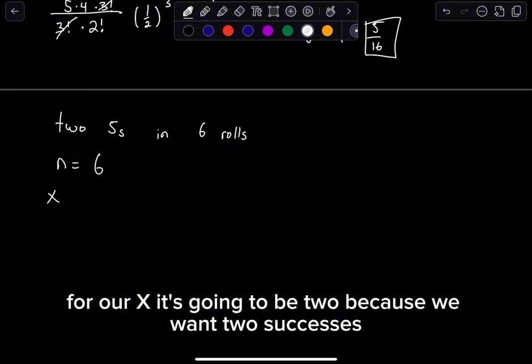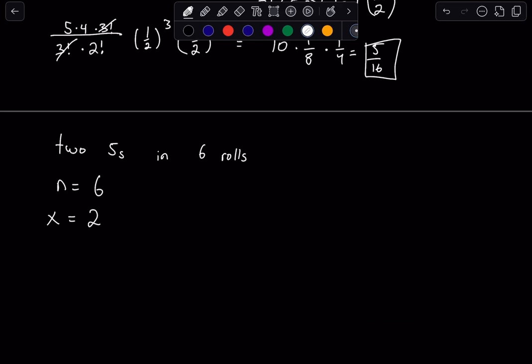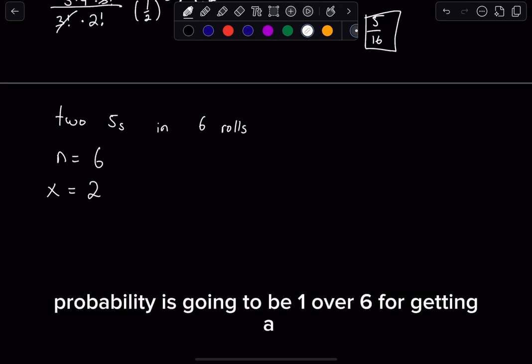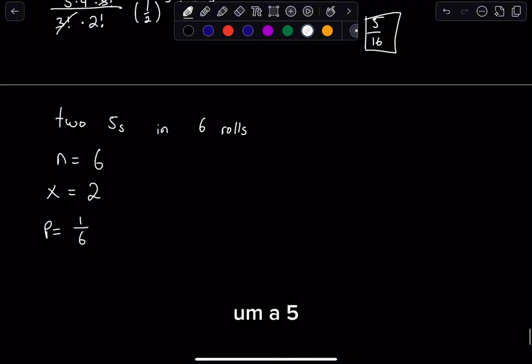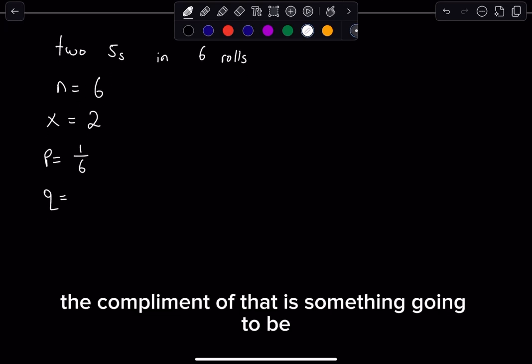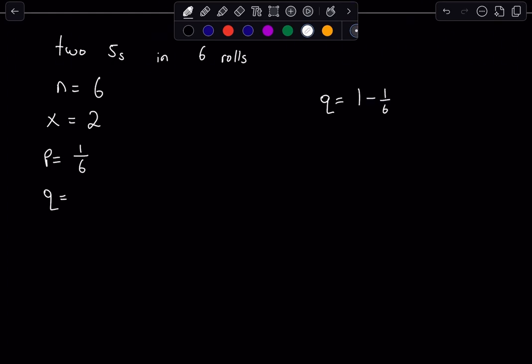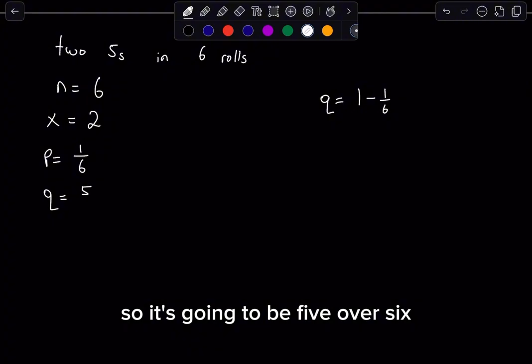For our x, it's going to be 2 because we want 2 successes. Probability is going to be 1 over 6 for getting a 5. And the complement of that, so Q, is going to be equal to 1 minus 1 over 6. So it's going to be 5 over 6.